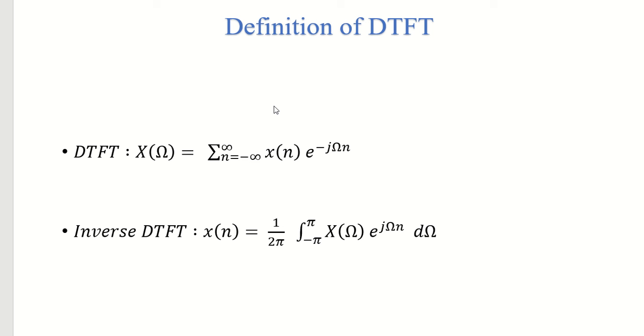You can only find the DTFT of your signal if your original signal, which was x of n in this case, is absolutely summable, or if x of n is not absolutely summable, then it should have finite energy for the DTFT to exist.